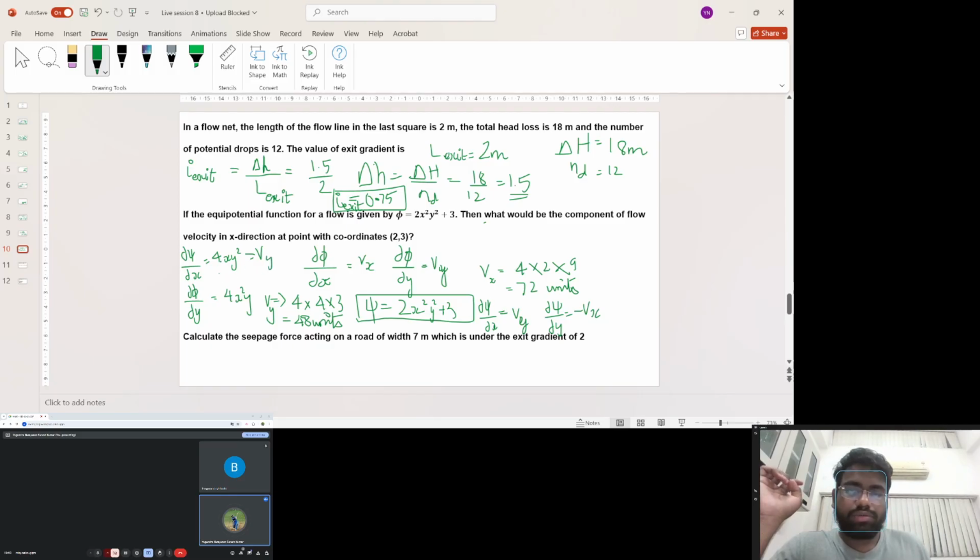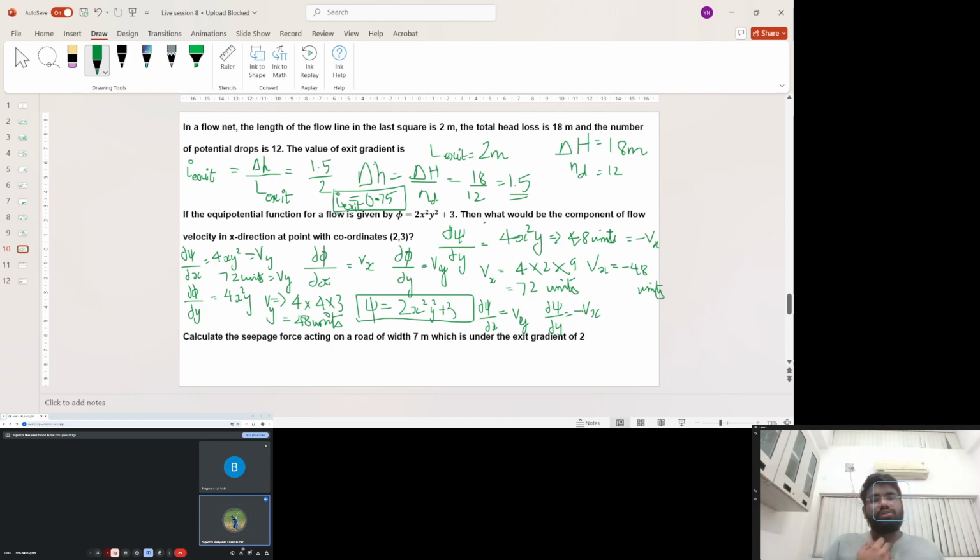So at this coordinate we will get 72 units as Vy. And for Vx, dou psi by dou y is equal to 4x square y, which is equal to 48 units, and that is minus Vx. So Vx will be minus 48 units in the other direction.